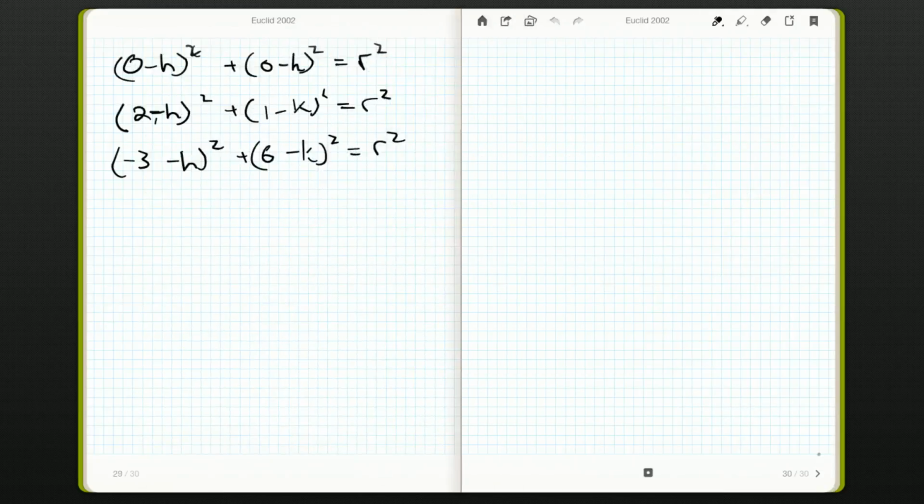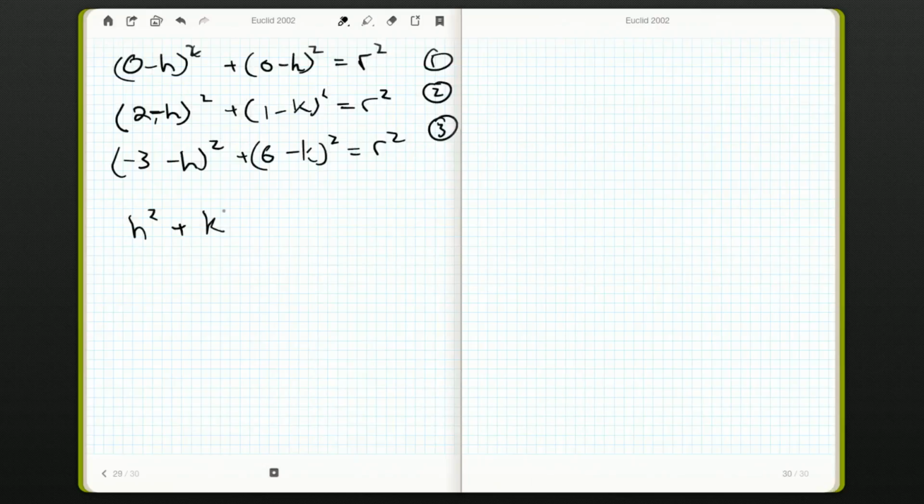So we can clean some of these equations up. For example, the first one really quickly becomes h squared plus k squared is equal to r squared. I'll call that 1 prime.